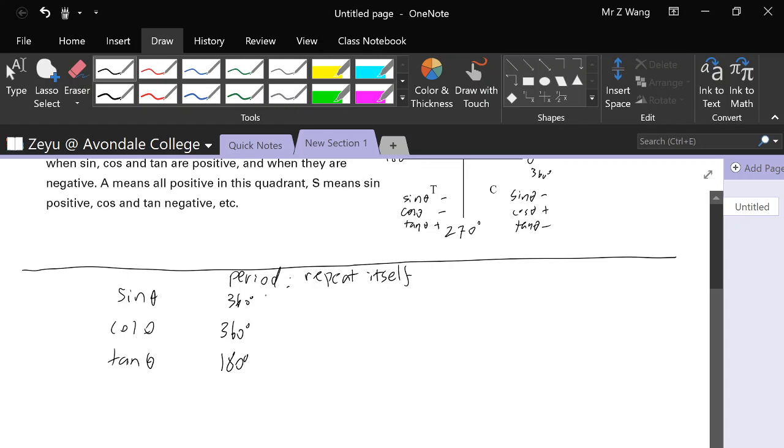Guys, I would also like to remind you, oftentimes you are very familiar with the degree system, but you also need to know the radian system. So you should know this is 2 pi. This is 2 pi. This is pi. And you should also be able to plot the graph proficiently.